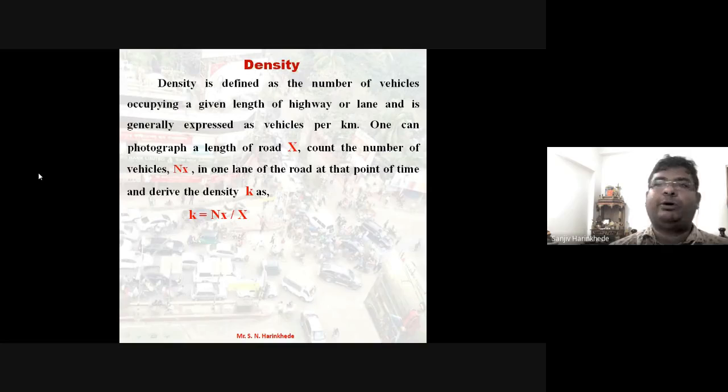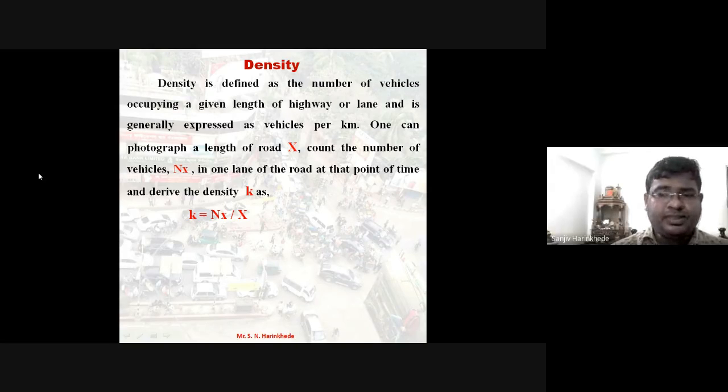Now, the next important characteristic or parameter, that is the microscopic parameter, density. Density is defined as the number of vehicles occupying a given length of highway or a lane, and it is generally expressed as vehicles per kilometer.